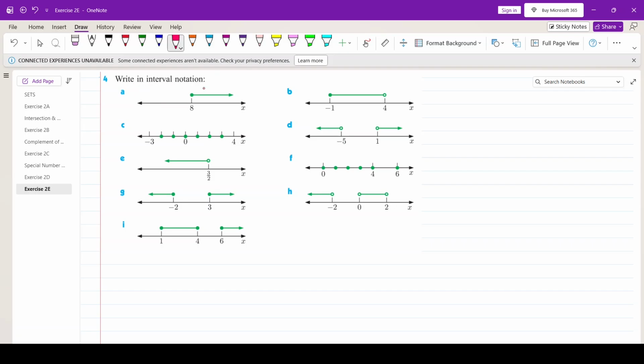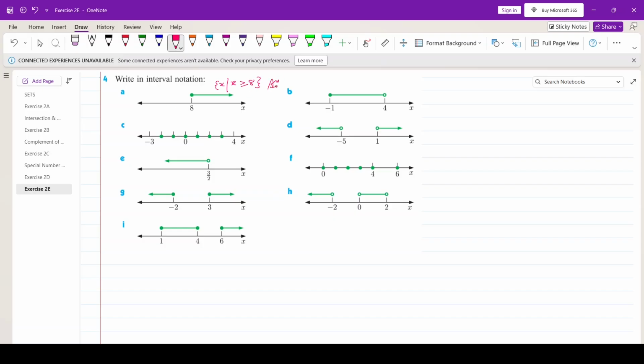Write in interval notation. So we know when we have an arrow, we mean real numbers. So in this case, A, it is a set of all x such that x is greater than or equal to 8.